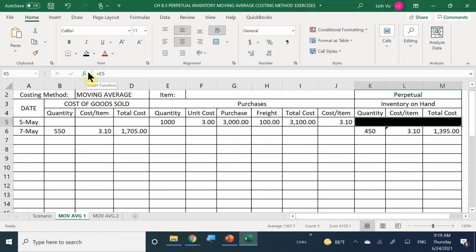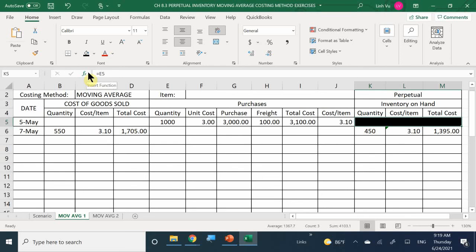Right now, my new total cost and new goods available is now 450 items. And the reason why I'm blocking this off is because I use cell references. If I got rid of that number, it would mess up my whole entire cost of goods sold. So in order to make my worksheet work with me, I'm just going to block it off as if I don't see it anymore.